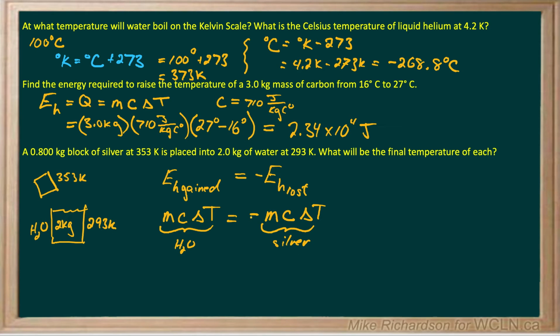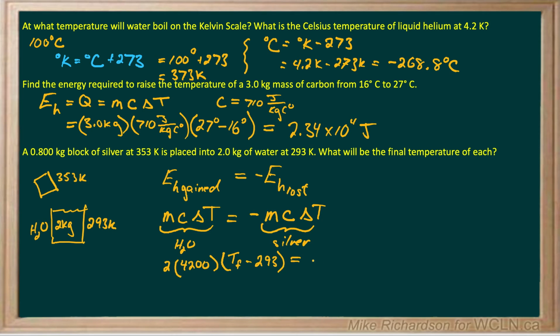So we can't cancel off the masses because one's silver and one's water. So when you go and plug all this in, my water side is 2 kilograms. The specific heat of water, when I look it up on a table, is 4,200. And the change in temperature of the water, we're trying to find T final. Change in temperature is always final minus initial, so I don't know T final, but T initial was 293.